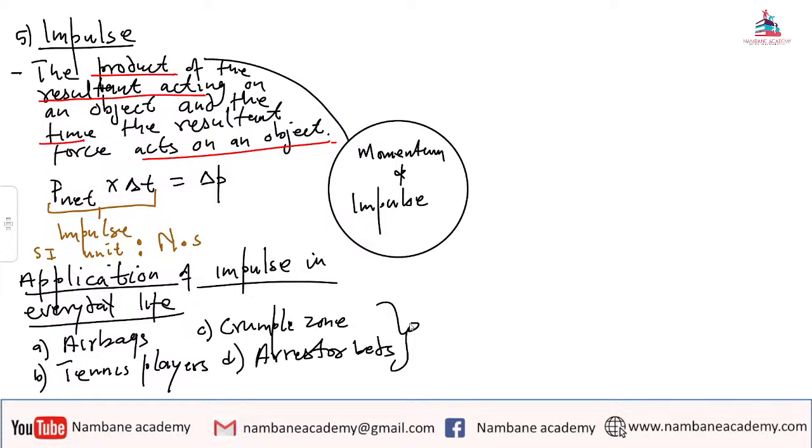A tennis player, a crumple zone, an arrestor bed, a field worker, any other thing. When you get to the question of momentum and impulse, and you find that this question is asking me to explain something of daily life, ladies and gentlemen, there are a few bullets that you need to follow. And these bullets, believe me, will assist you to get the 3 marks that the question will be. How does this thing assist?